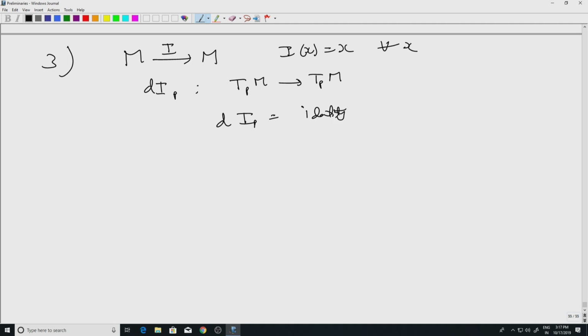If we start with the identity map of a manifold to itself, the derivative of that will be the identity map of the corresponding tangent space.